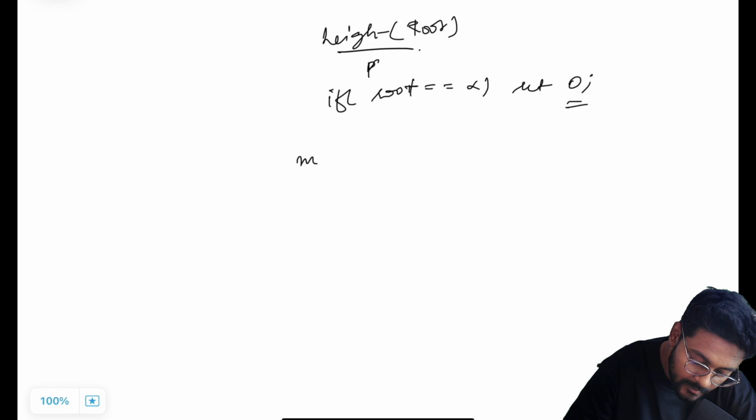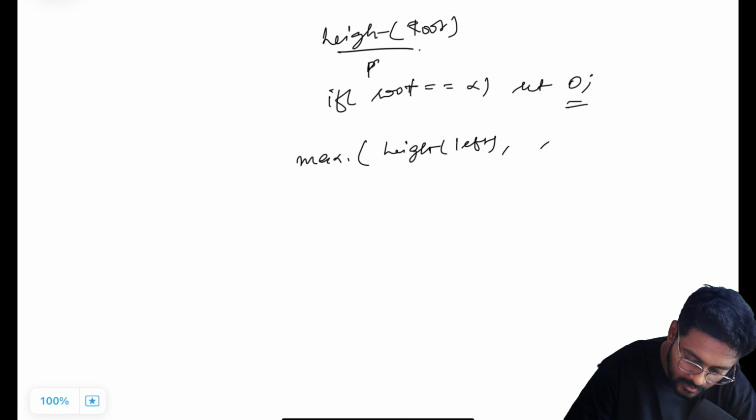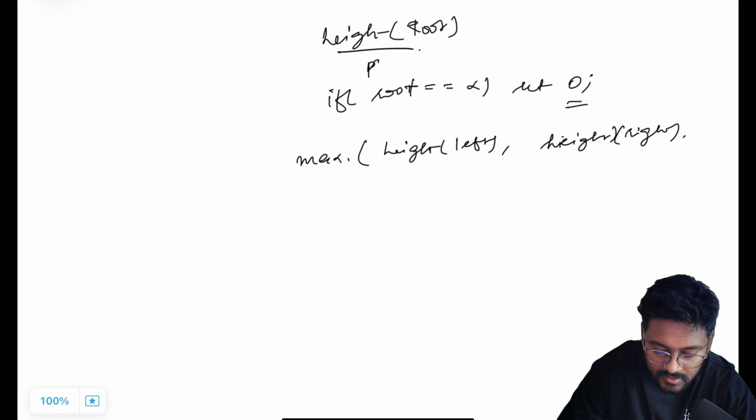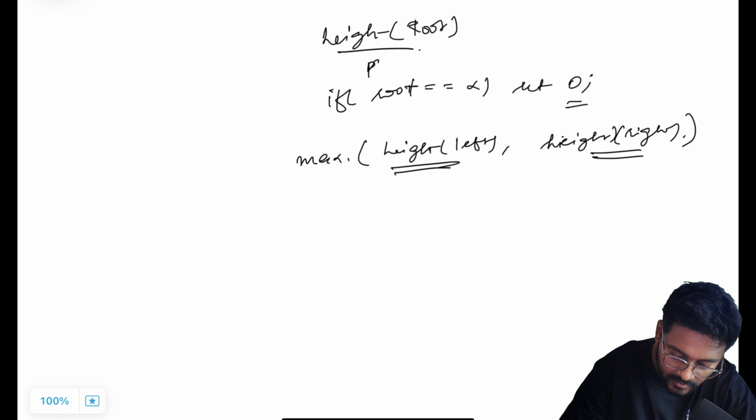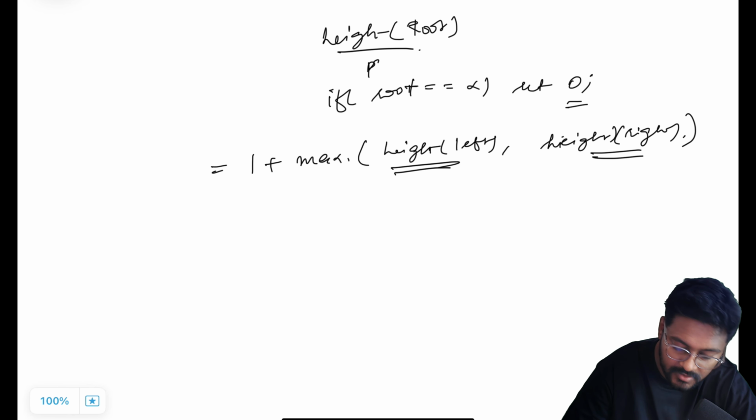Whatever is the maximum height from the left part or the right part, height of left, height of right, whichever portion is taller, having a larger height or larger depth, take that plus 1. So this is something I have to return. This is my height function.